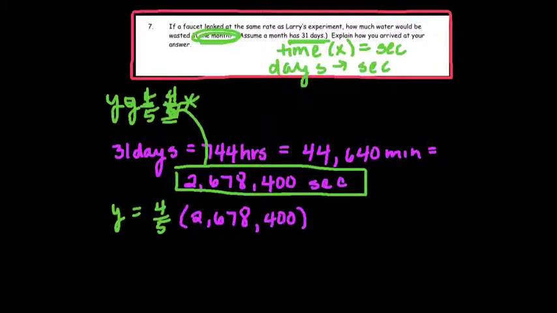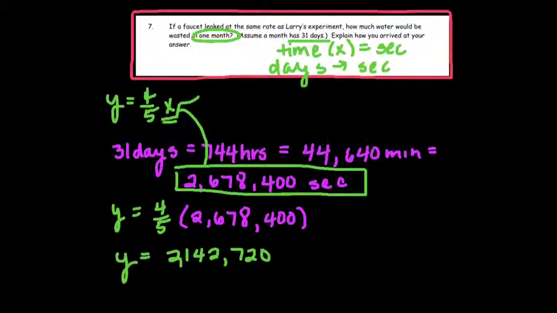Now this is just a matter of multiplying 4/5 times 2,678,400, and I can do that in my calculator, and that would give me 2,142,720. And that would be how many milliliters of water would leak out of that faucet in 1 month.